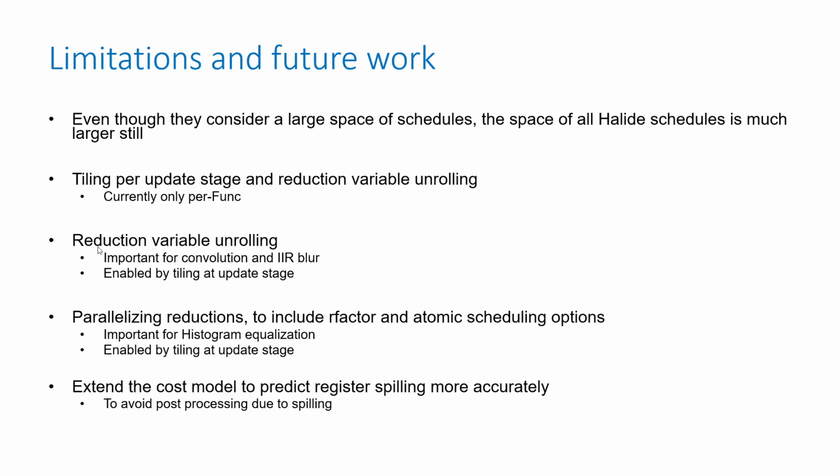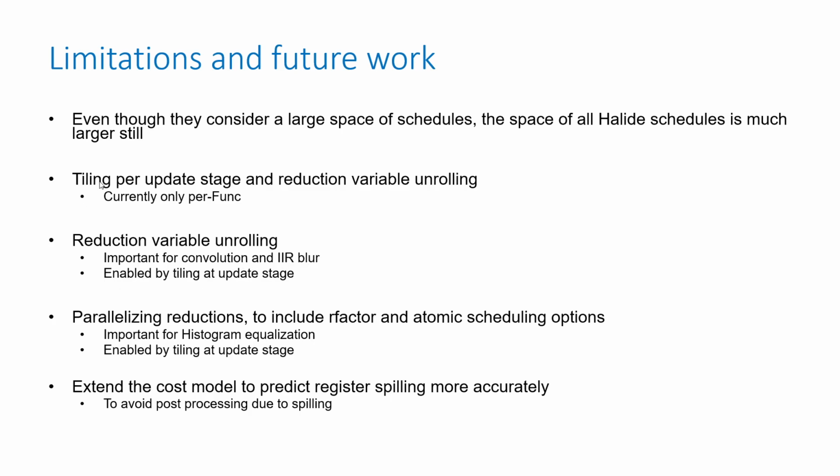In order to enable these reduction improvements, they have to tile at the level of the update. Currently, they only tile at the level of the func. By tiling at the level of the update, they enable reduction variable unrolling, which is important for convolution and IIR blur. These are two of the benchmarks that performed the worst, I mean, didn't perform very well in the profiling results.